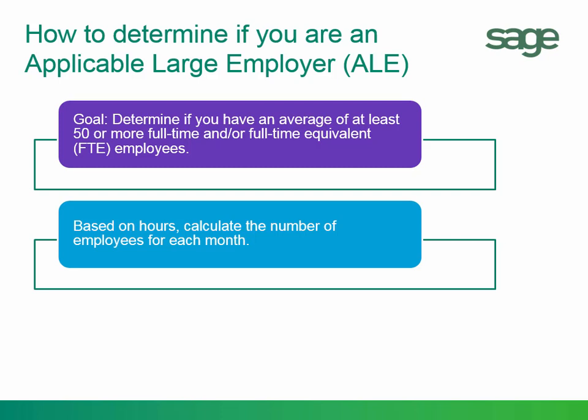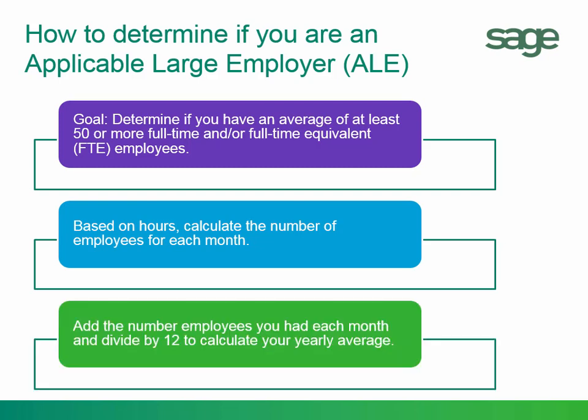That can be easy if you have all full-time employees and not much variation, but for people who have maybe 45 employees this month and 60 employees next month, and some of them are part-time and some of them are full-time, that can be a complex issue, which is why this report is useful. Then to determine your yearly average, you simply add the number of employees you had each month and divide by 12 to calculate your yearly average.